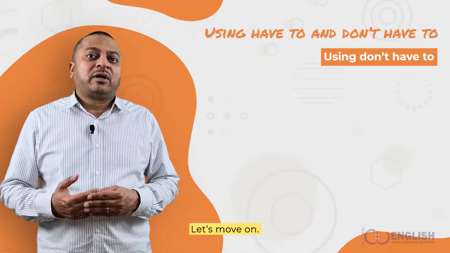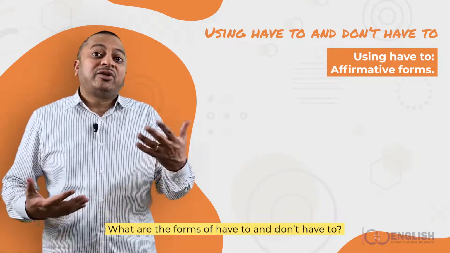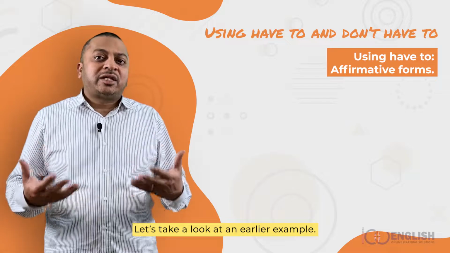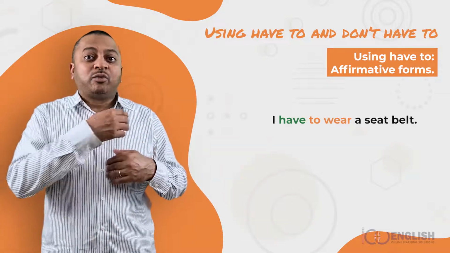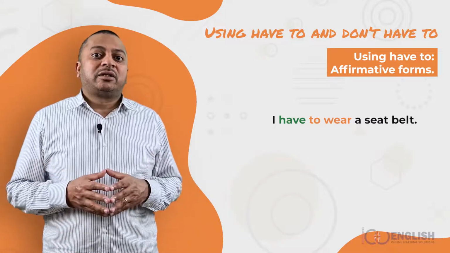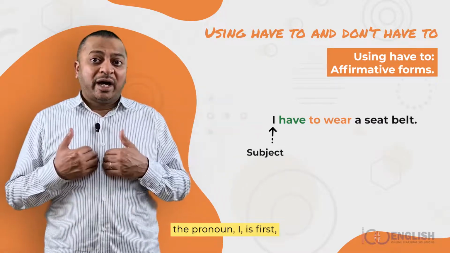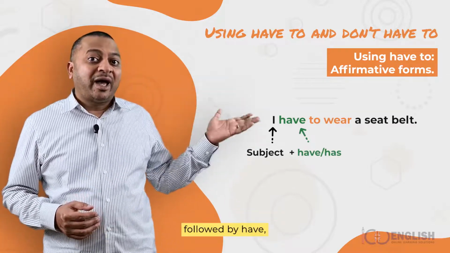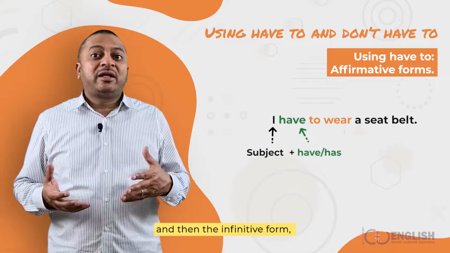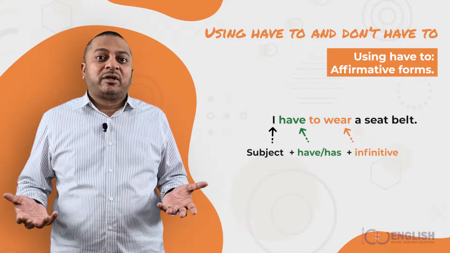Let's move on. What are the forms of have to and don't have to? Let's take a look at an earlier example. I have to wear a seatbelt. In the sentence, the pronoun I is first, followed by have, and then the infinitive form, which is to wear.